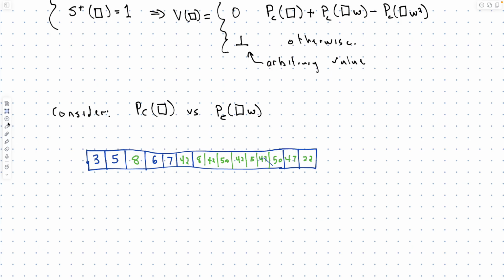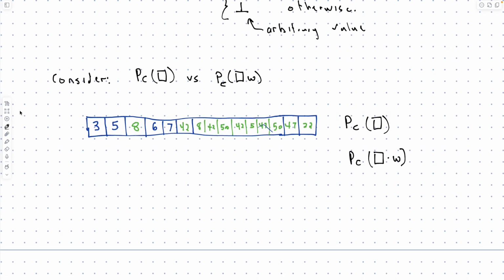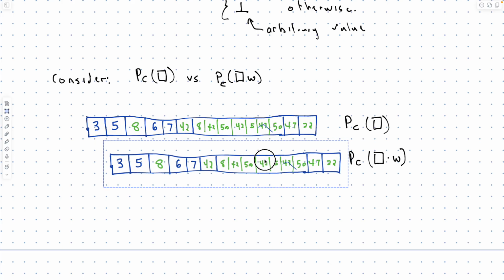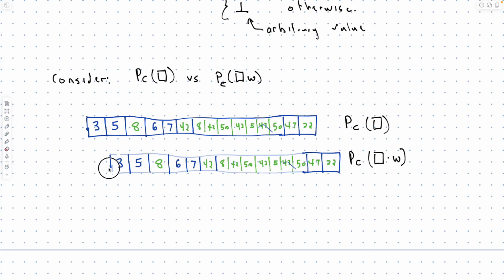So this is P of C. Then P of C of blah, and this will be P of C of blah times omega. Okay. So it's going to look exactly the same, except for the 22 at the end, it's going to move over to here.